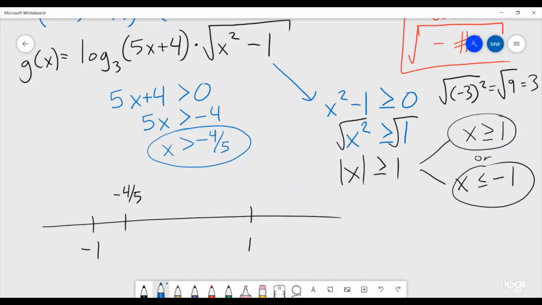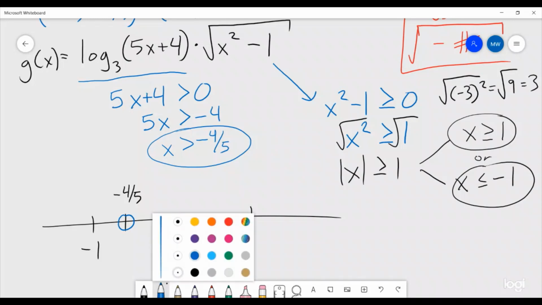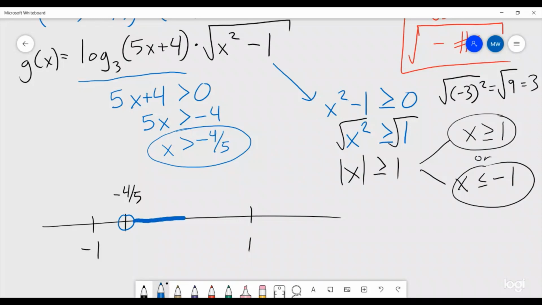So the first one is x has to be bigger than -4/5 in order for log base 3 of 5x plus 4 to make sense. So that means we would start here at -4/5, and then we would continue along in this direction, and we would continue forever, but we don't include -4/5.